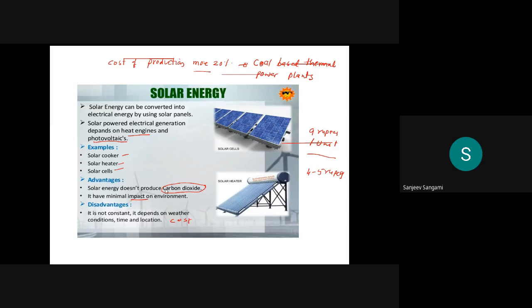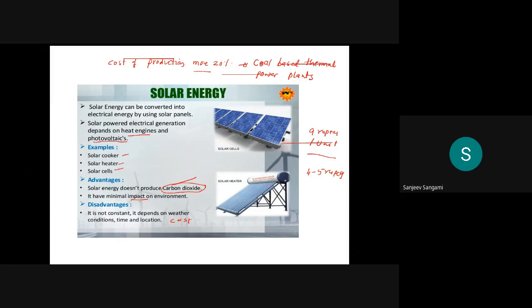Some of the advantages of solar energy, of course, what we already discussed, is that it is completely free from carbon dioxide. This we always have to stress, that is the carbon dioxide.